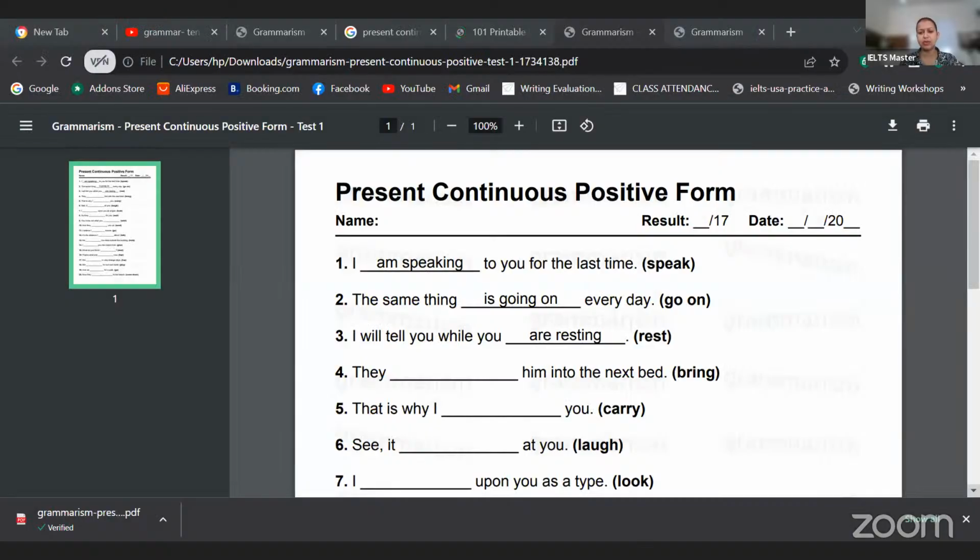Just a minute. Let me take the present continuous exercise, which is the second last task for today. Present continuous mixed exercise. Let's do it. So here we have present continuous, positive form.